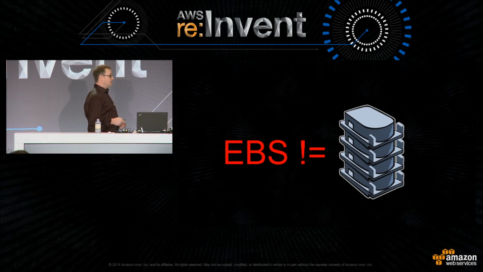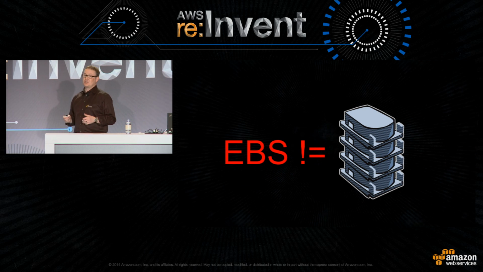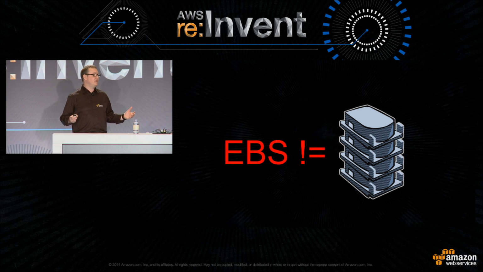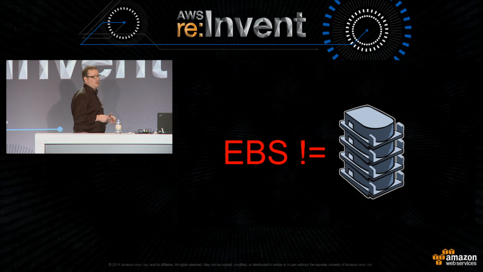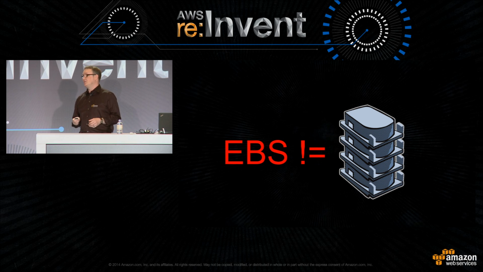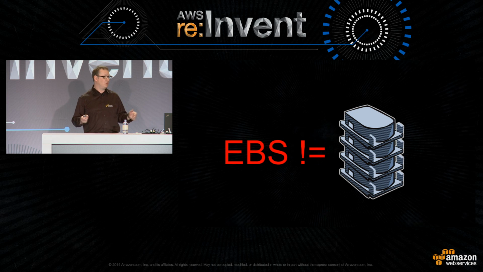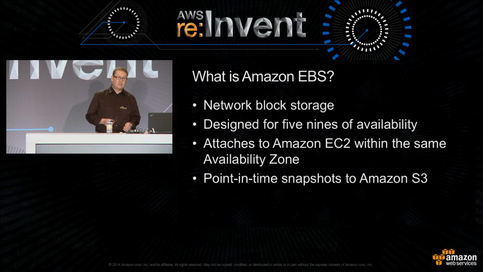That being said, EBS is by no means a hard drive. EBS is a service. And because it's a service, it's built out of multiple components. It means they can build different availability and durability goals into those components to deliver it in a completely different fashion than a JBOD attached to the back of your server or a disk that you pick up and plug into a system. So what is EBS?